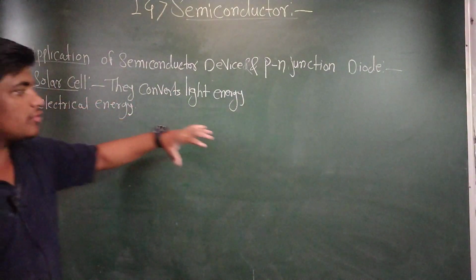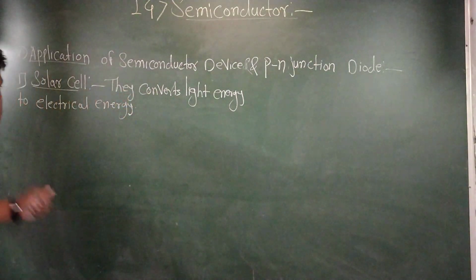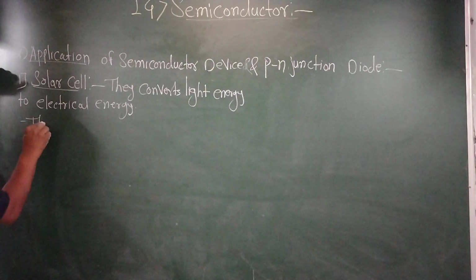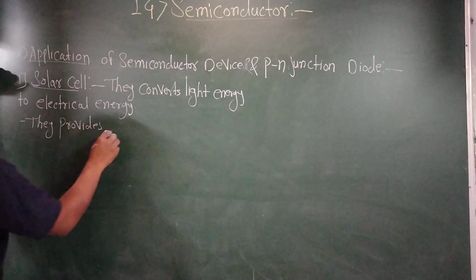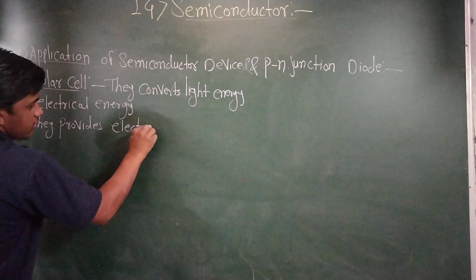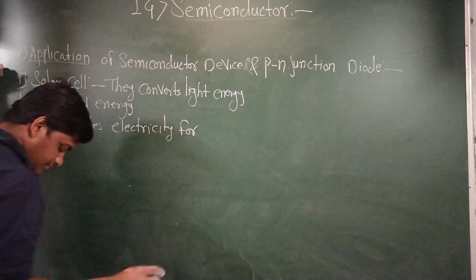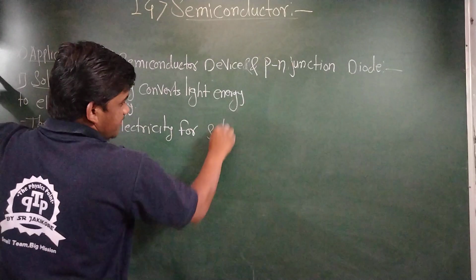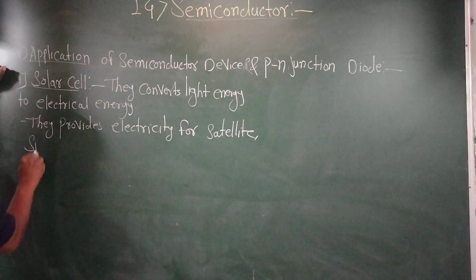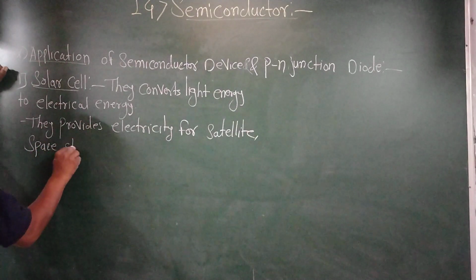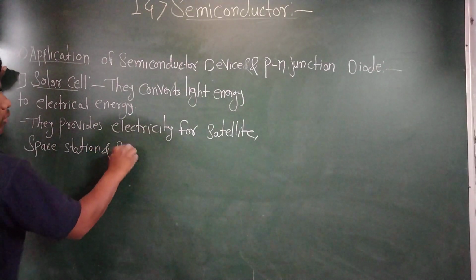The solar cell is used to produce electricity, and this electricity is provided for satellites, space stations and space probes.